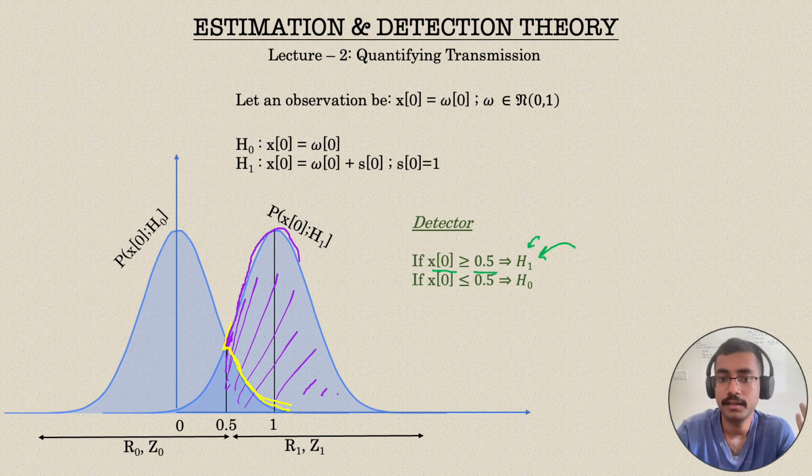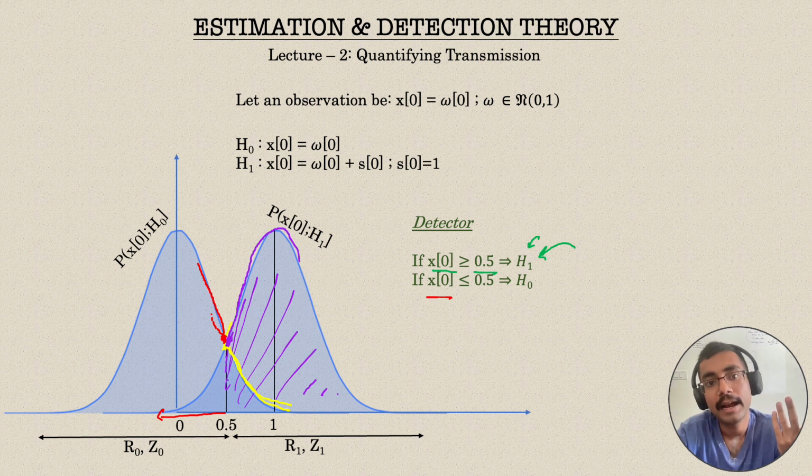And in the reverse scenario, if the observation x0 is below 0.5, that means the probability distribution under hypothesis H0 is dominating the curve. Here the probability under H1 is receding. So we can say with much certainty that hypothesis H0 is true. That means the signal was not sent.